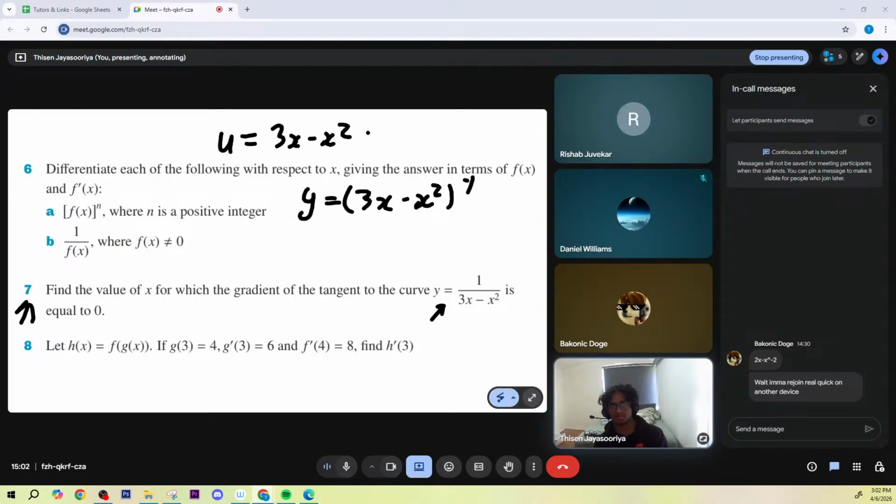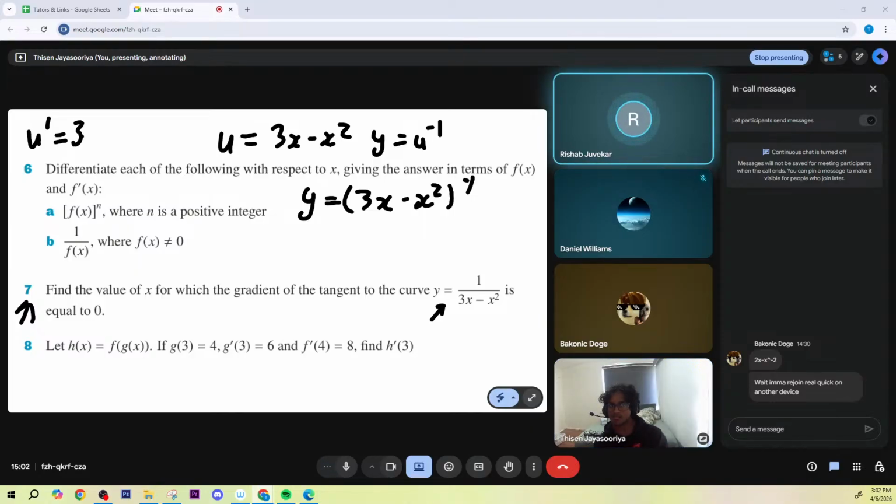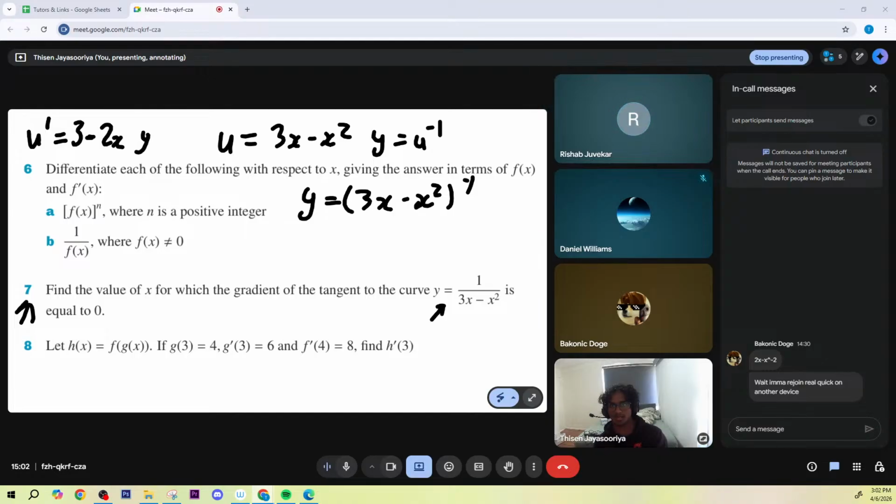And what is y equal to then? u to the power of -1. So then what is, I'm just going to use u dash to represent du on dx. What is that? 3 minus 2x. And what does y dash represent, dy on du? Negative u to the power of -2.